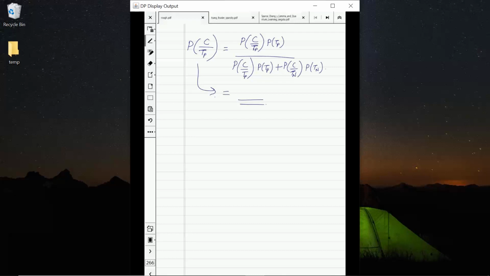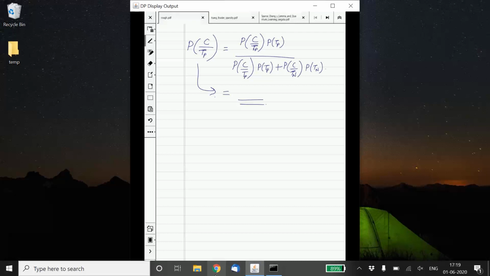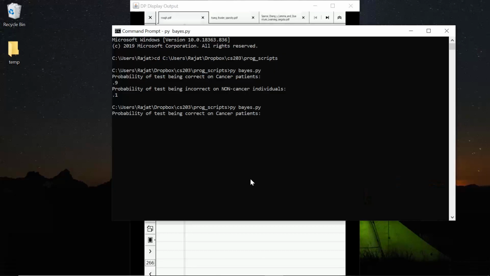In this case, I have created a demo to show how these probabilities go down. Let us think of the case when the test is accurate with 0.9 probability. So the probability of the test being correct on cancer patients is 0.9. The next thing is the probability of the test being incorrect on non-cancer individuals. So that is only 0.1.